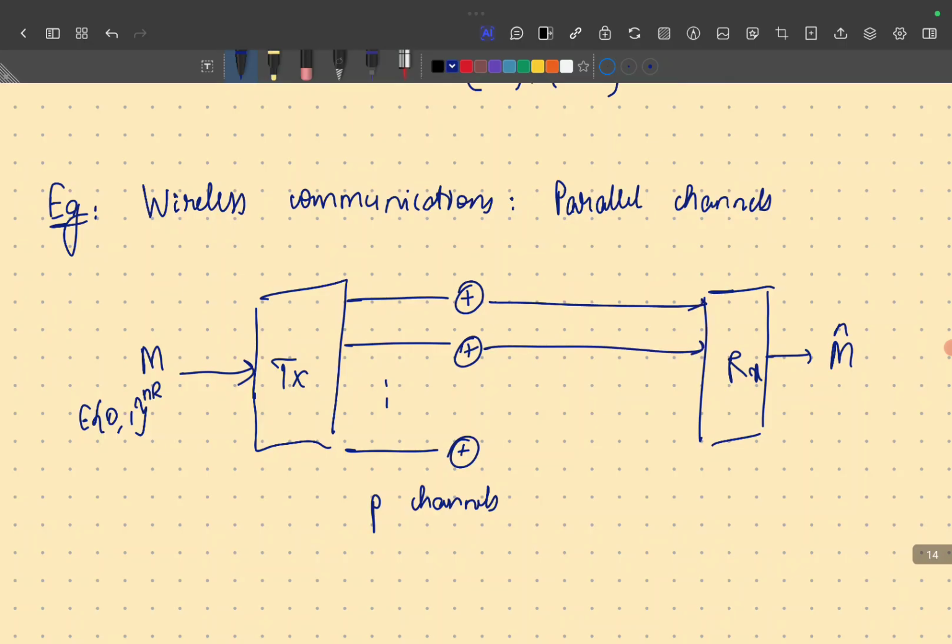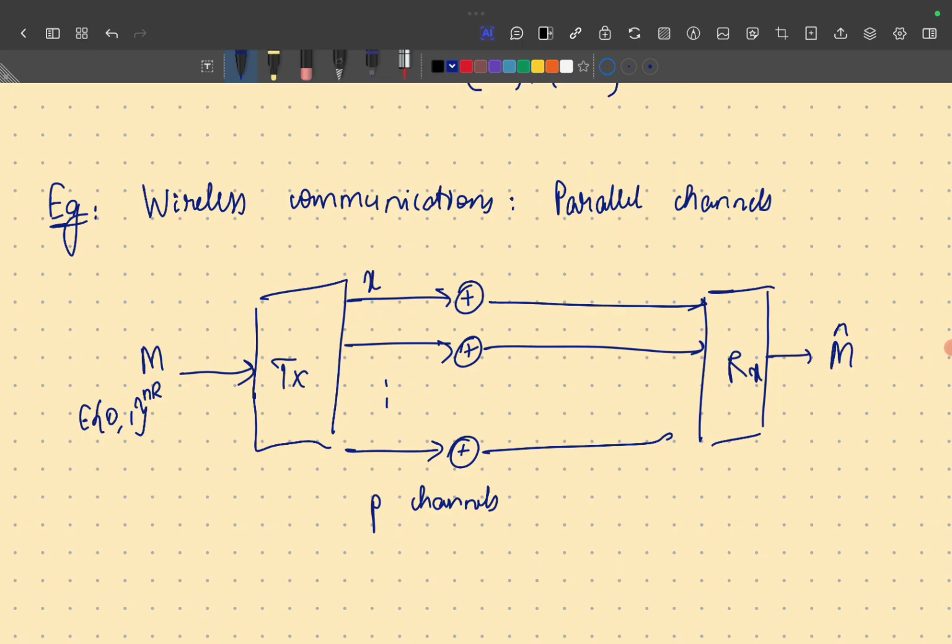And the transmitter is allowed to use each of these P channels across N time instants. So we are assuming a discrete time system. So I have these black boxes, which I call channels, and the transmitter can send something in each time instant. It can send one symbol in channel 1, some other symbol in channel 2, some other symbol in channel 3, and so on.